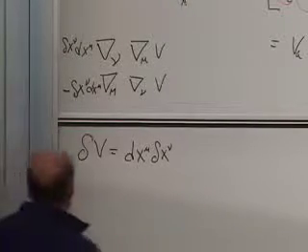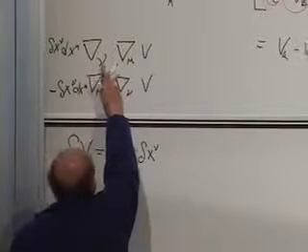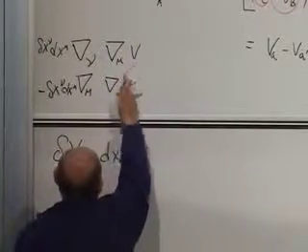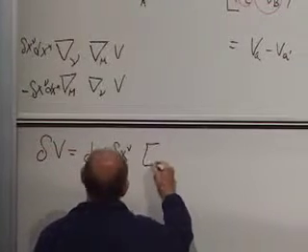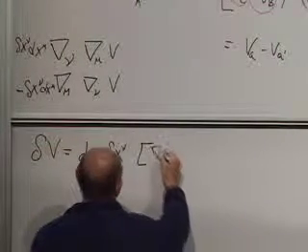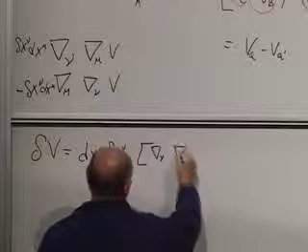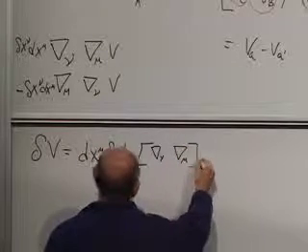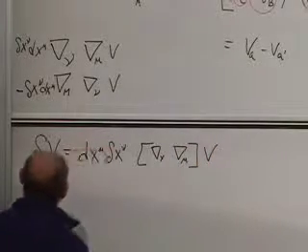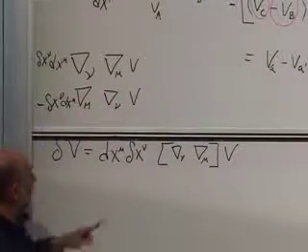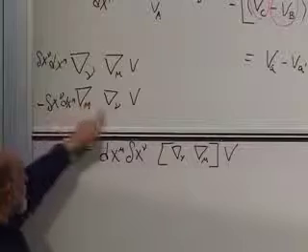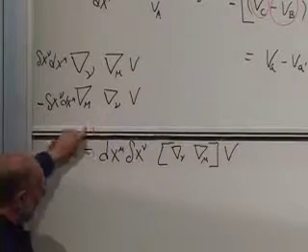And then it contains del nu del mu V minus del mu del nu V. What is that? That's the commutator of del nu with del mu on V. In the first term, del nu is to the left, del mu is to the right. And in the second term, del mu is to the left, del nu to the right.